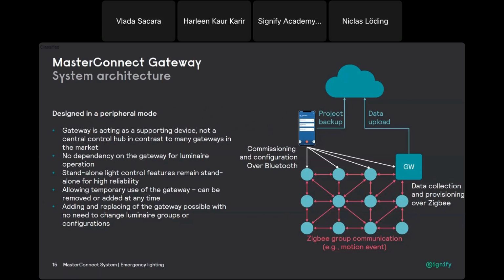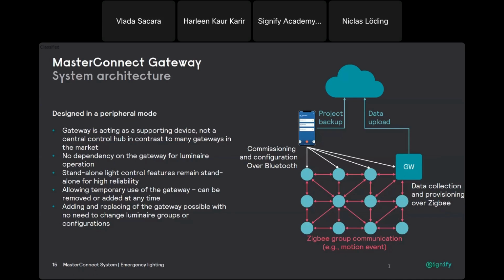So you see that on the right, it can add data or retrieve data from a network. It can be commissioned and configured over Bluetooth from the smartphone, just like any other accessory or luminaire you have. And in the end, if the gateway retrieves data from the network, it will also be able to upload it into the cloud to make sure that it can be used further.